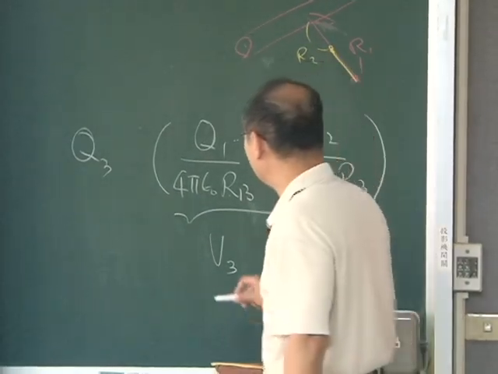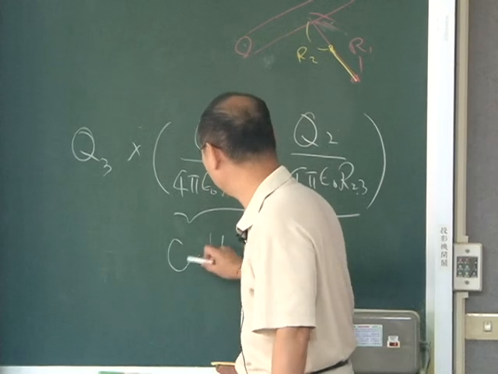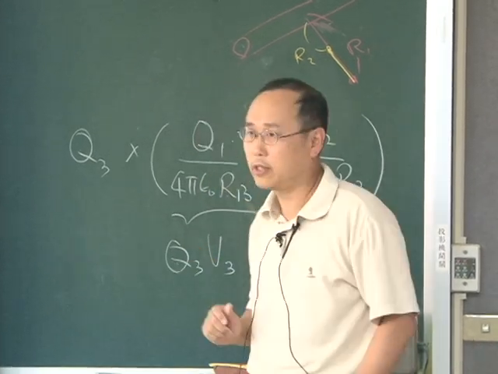Okay, so the multiplication of this gives you Q3 V3.